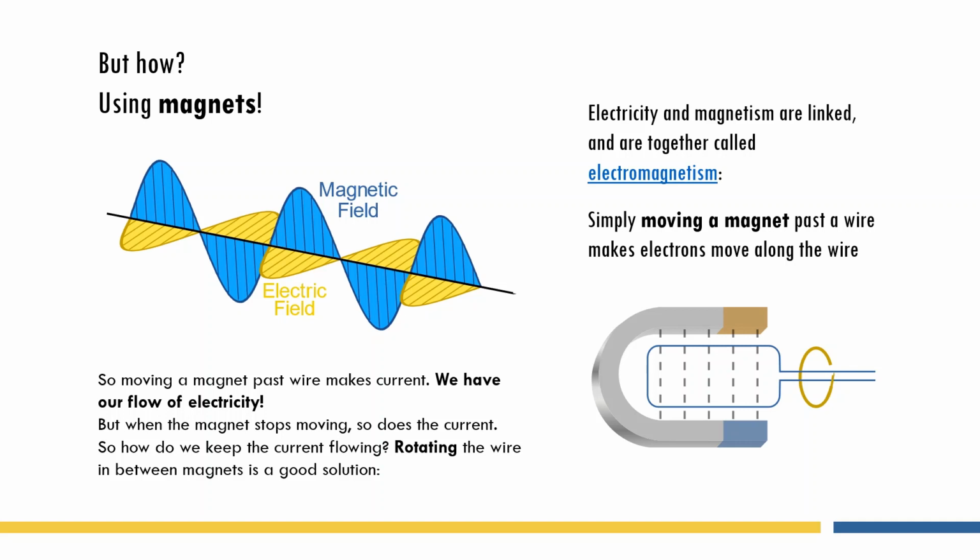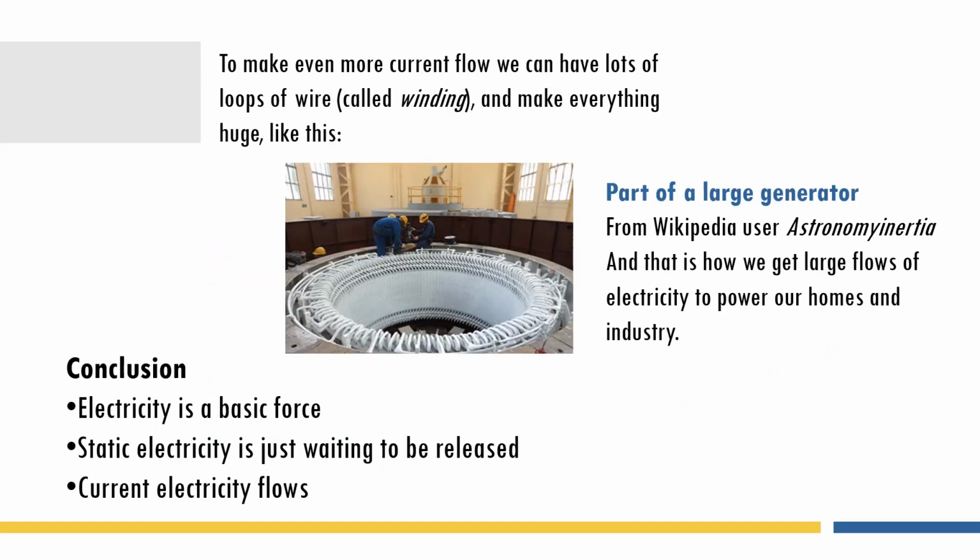Okay, so if you have magnetic fields, you will have electric fields, and electric fields can also create magnetism. So it's vice versa. To make even more current flow, to generate electricity to power our houses and homes, we usually use a loop of wire. It's called windings.